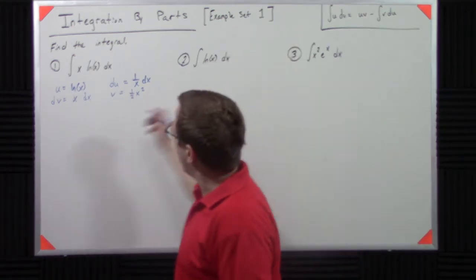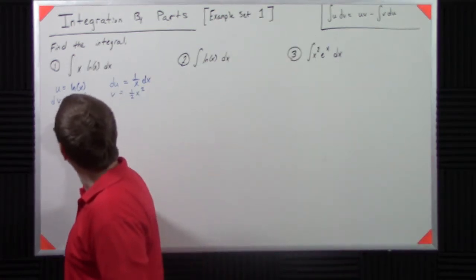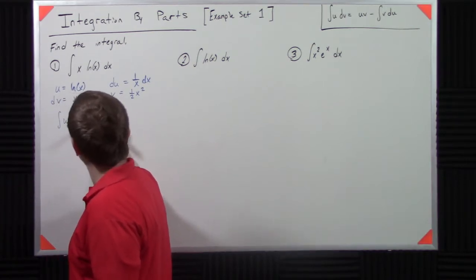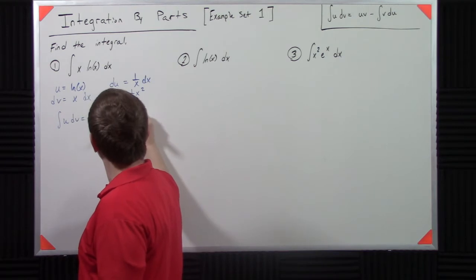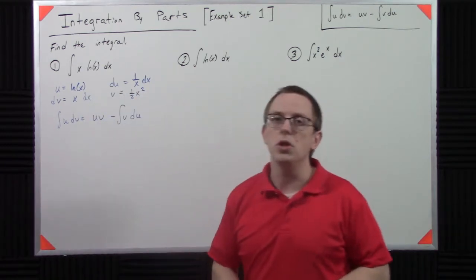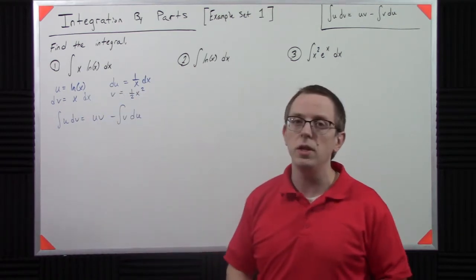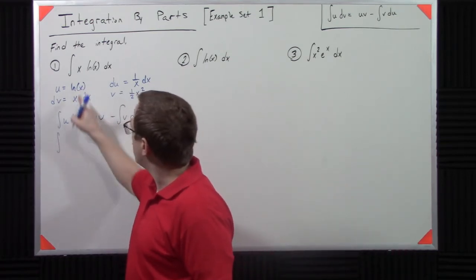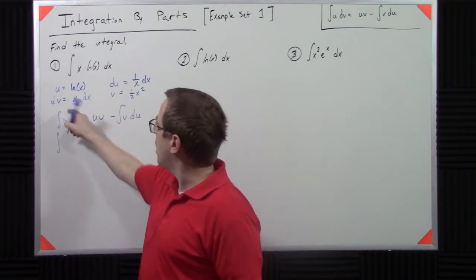Okay? So now that we have those, let's see if we can put these together. We need to follow the pattern: u dv equals uv minus v du. So let's fill these in with every piece that we have. We have u, so that's natural log of x, and we have dv, x dx.